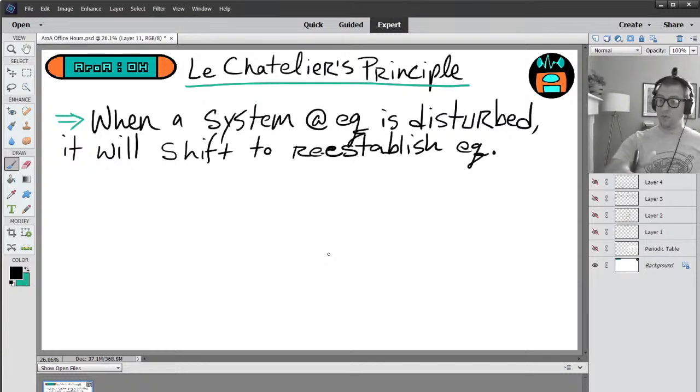All right, you add one thing, it starts reacting faster, it will react away until the concentration builds up in the reverse reaction so that those reaction rates are once again equal.